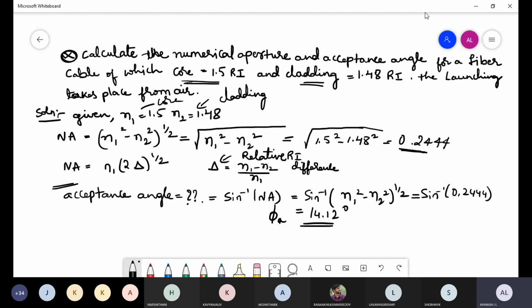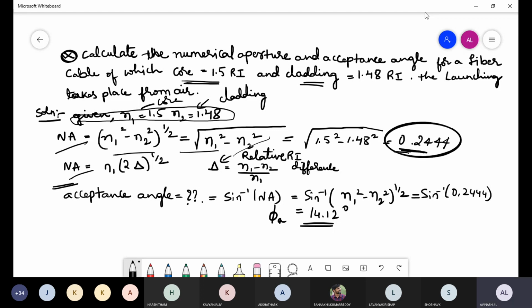When that is asked, it is always better that first and foremost you write the given things. Then take the formula for numerical aperture, substitute the values, and you will get the answer. That is how it is going to work.